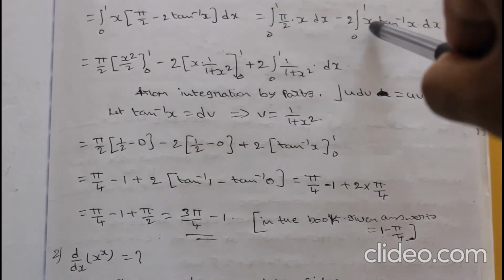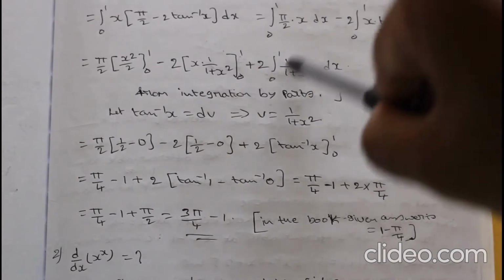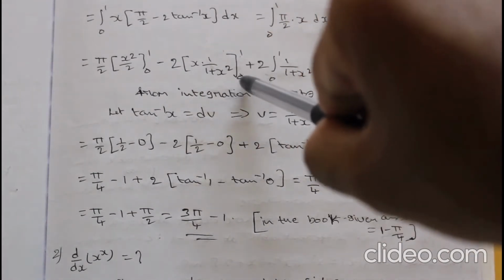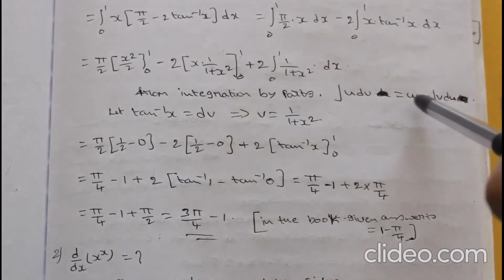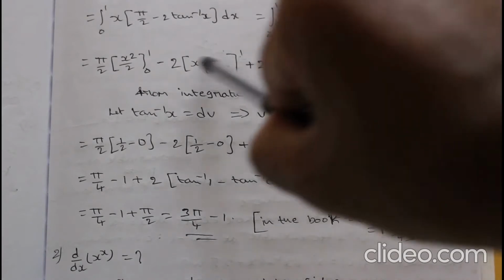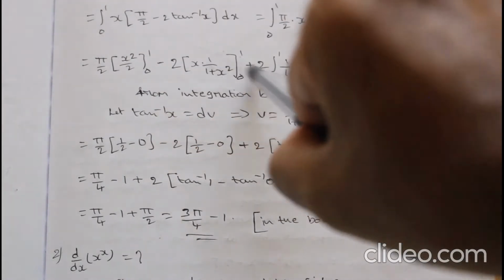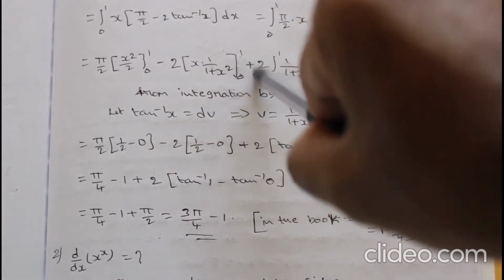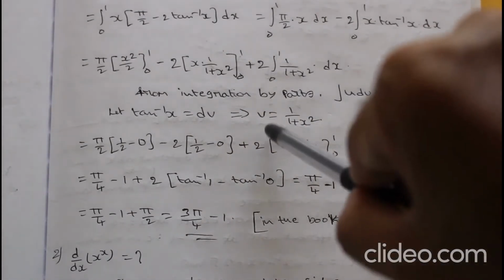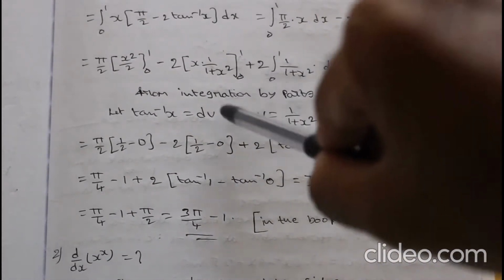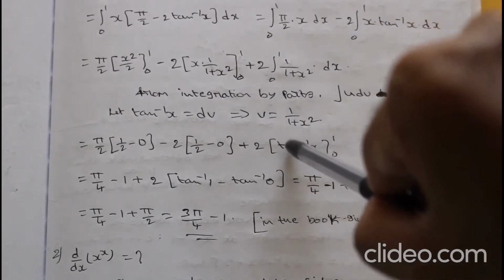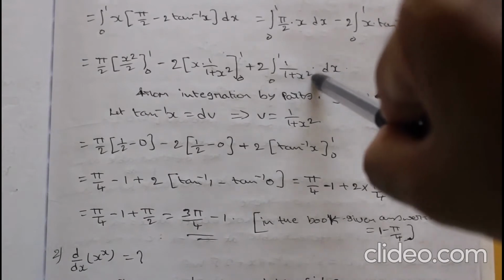So uv is u is x and v is 1/(1+x²), so x into 1/(1+x²) with limits 0 to 1, and minus v du. Here minus is already there, so minus will become plus: plus 2 into integral from 0 to 1 of v du. V is 1/(1+x²) and du, d by dx of x, is nothing but 1.